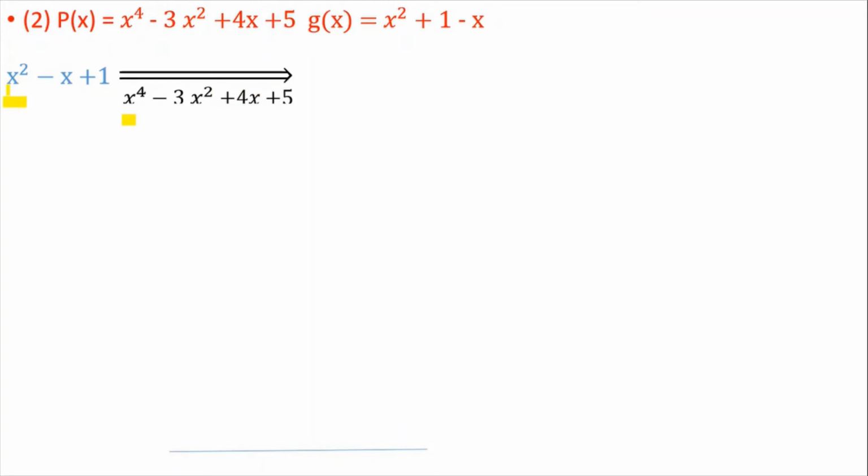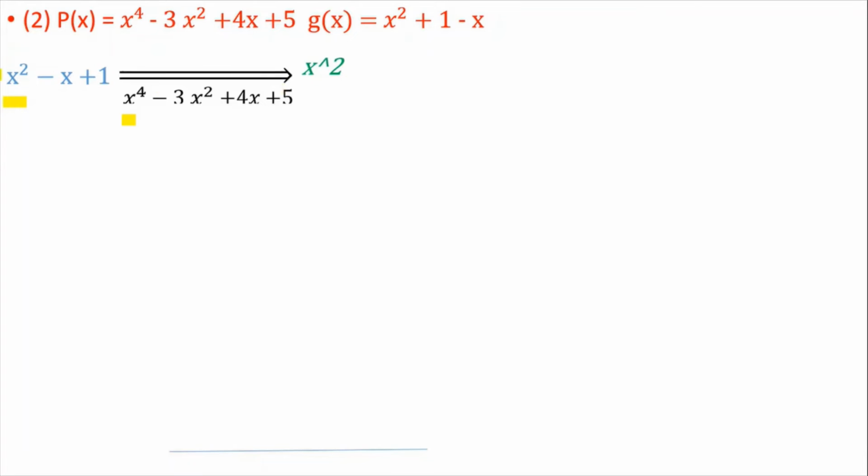So in order to convert x squared into x power 4, we have to multiply x squared with another x squared. After changing symbols, we can perform addition to eliminate this term. So I want to multiply the total divisor with x squared.